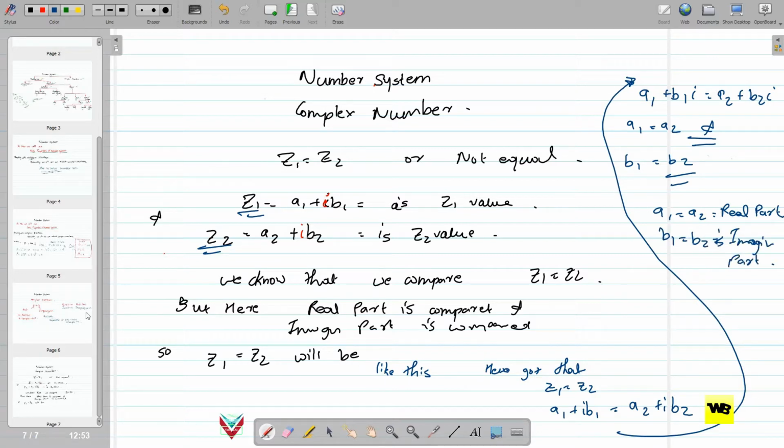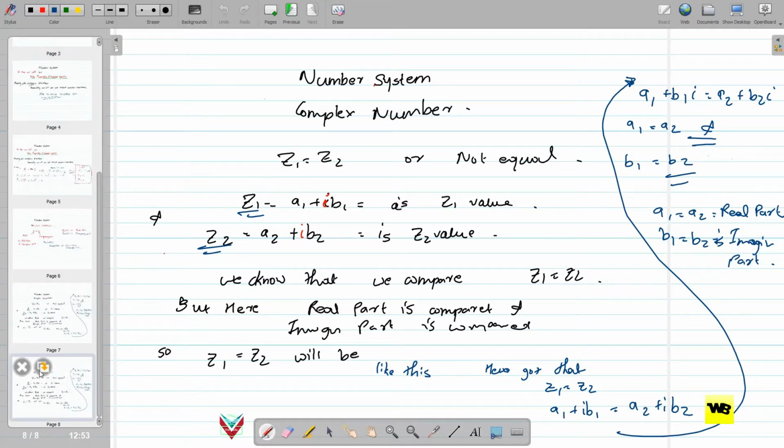So it's just a comparison between LHS and RHS, or a comparison between real and imaginary parts.